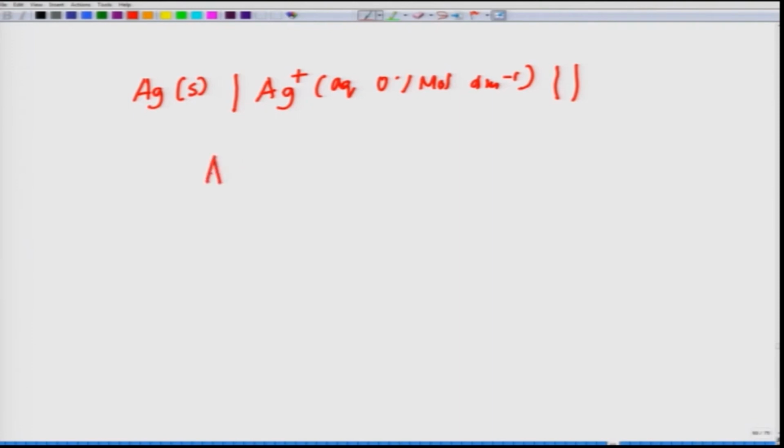On the other side, you have Ag+ aqueous at 0.5 molar, and solid Ag.